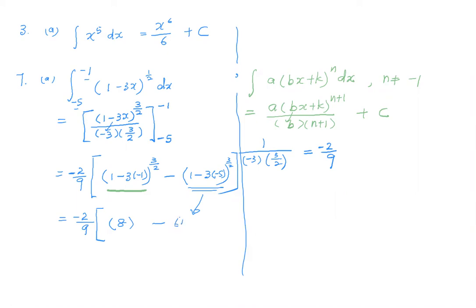I'm using my mental arithmetic. Okay, so now -2 over 9. This one I lose to you. 56. Am I right? Yes. Then you can use your scientific calculator and calculate. Then you get the answer.